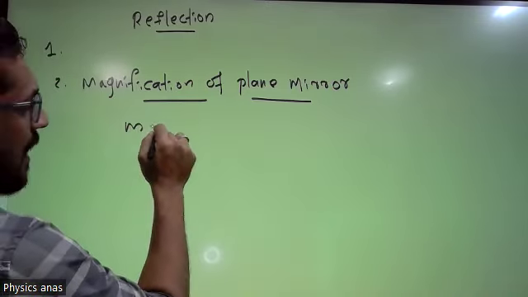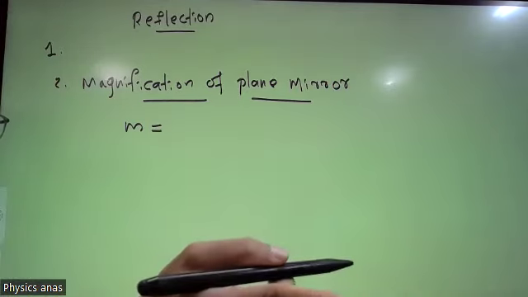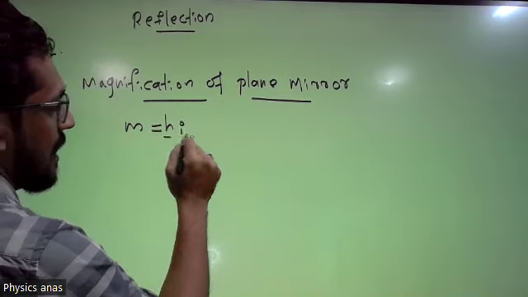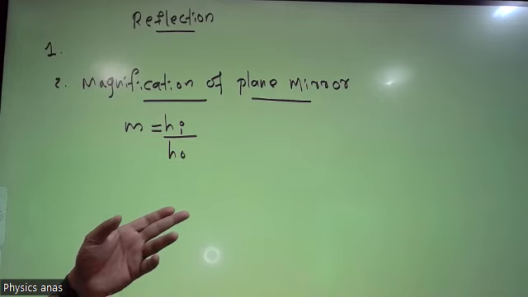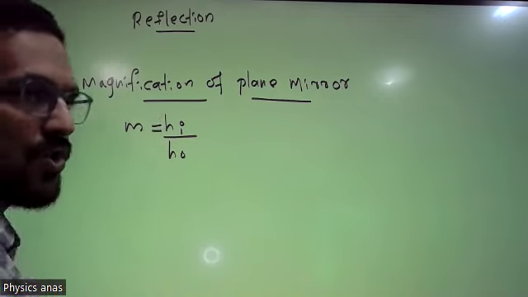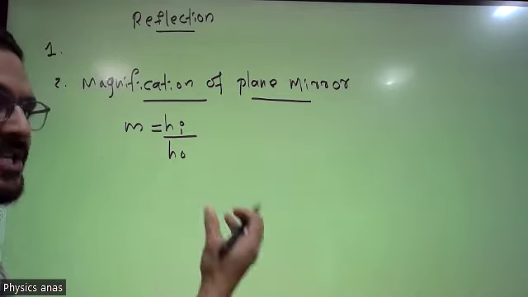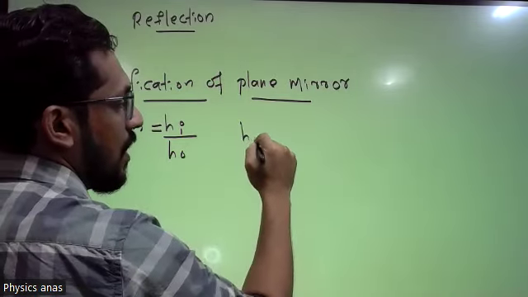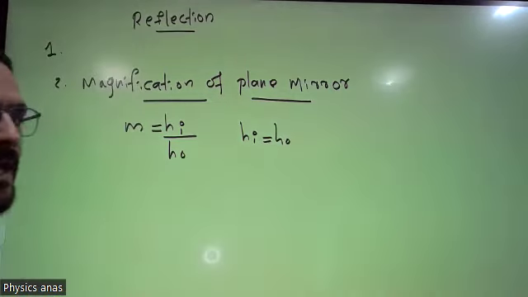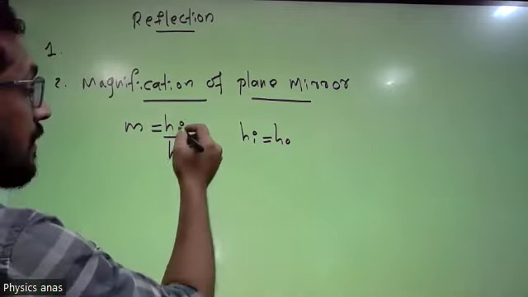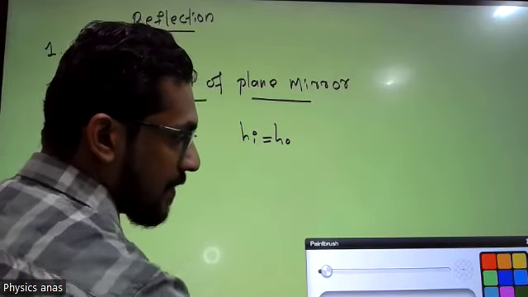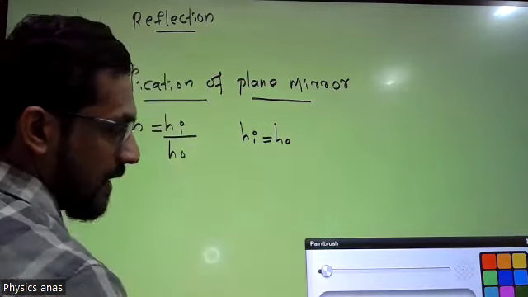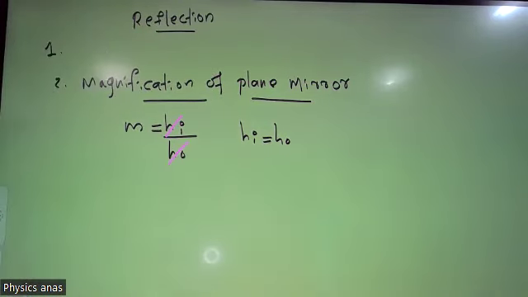Then what is magnification, M? One equation is HI divided by HO. HI by HO is one equation for magnification. What will be HI and HO in the case of plane mirror? They will be equal. Then HI and HO will cancel out.